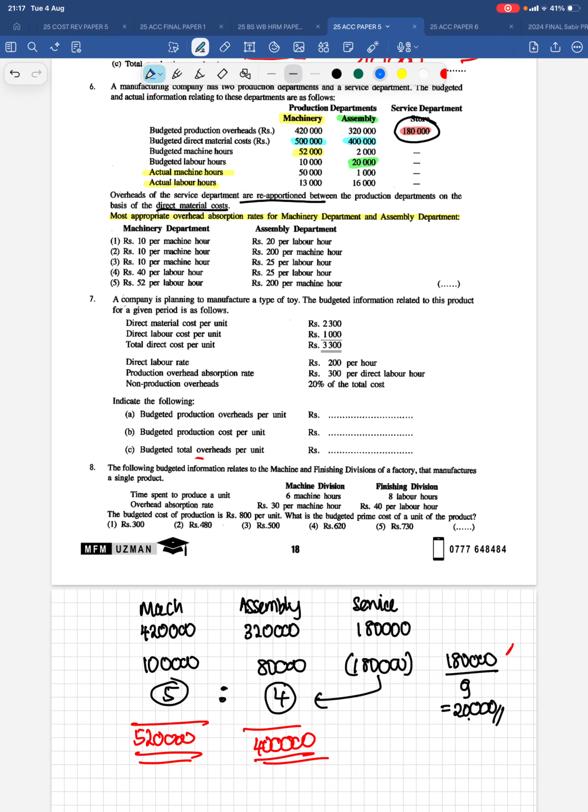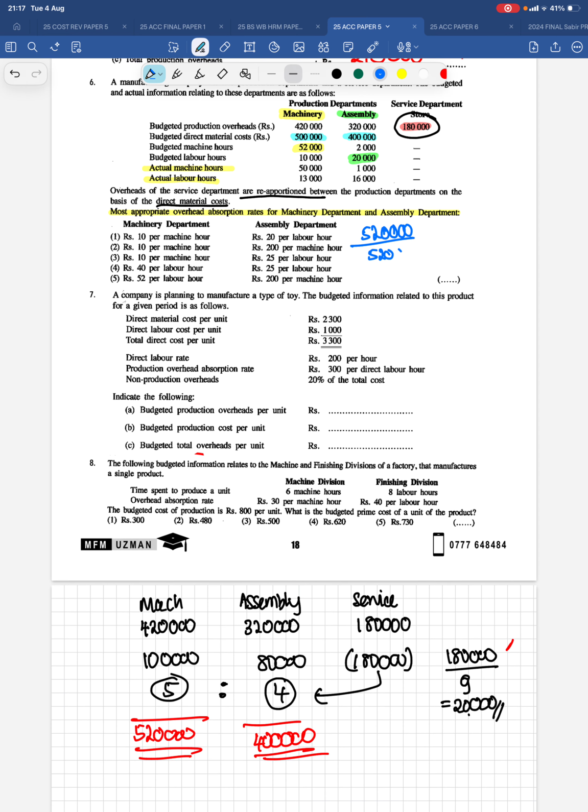For the machinery department, 520,000 budgeted overhead divided by machine hours 52,000 is equal to 10. For the assembly department, 400,000 divided by 20,000 hours is equal to 20. So answer number 1 is the most appropriate overhead rate. Okay, I hope you all understood that.